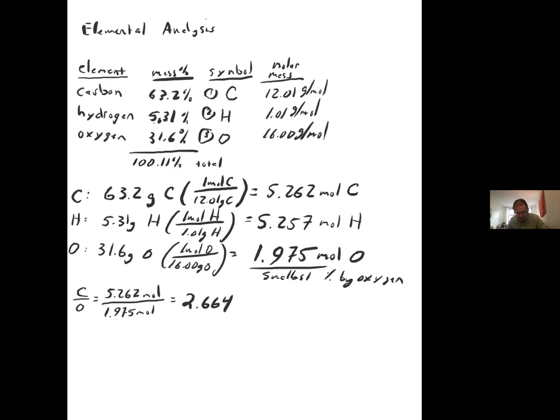Okay, let's do the hydrogen by the oxygen. Remember, you can divide them all by the smallest. 5.257 over 1.975. Again, you're not going to get a whole number here. It's going to be very close to the first one because the numbers aren't that different.